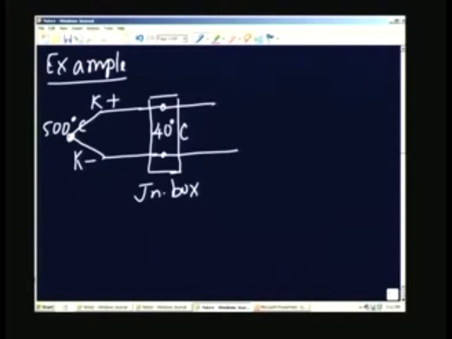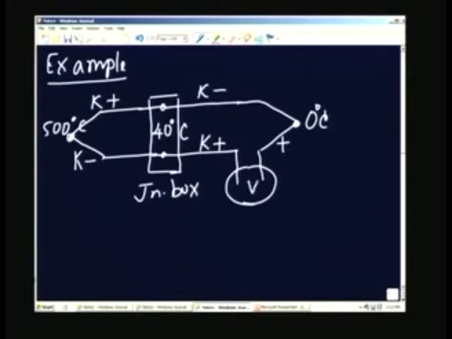And what happened is, by mistake, the negative element has been connected to the positive terminal and the positive element to the negative terminal, and I am measuring the output here. This is the ice point, I have connected like this.